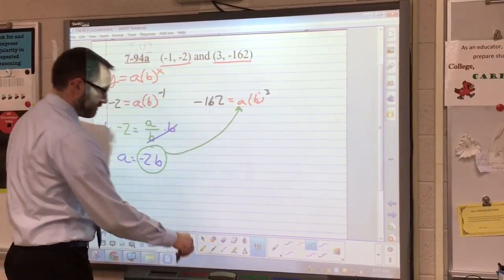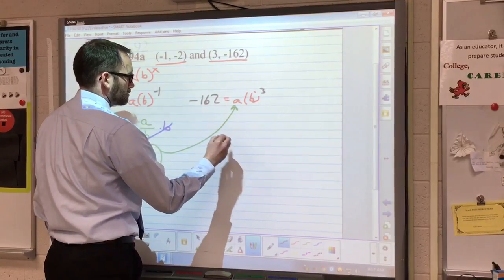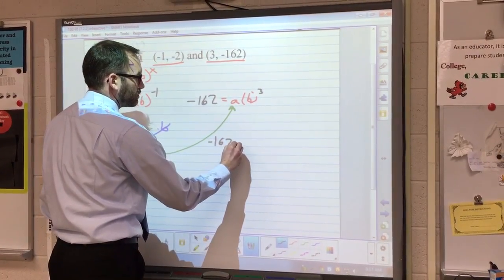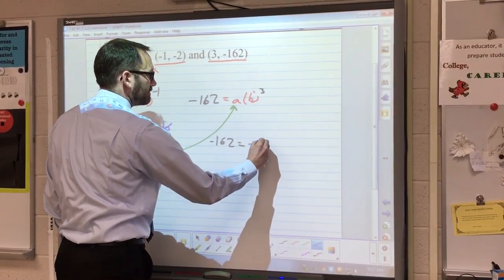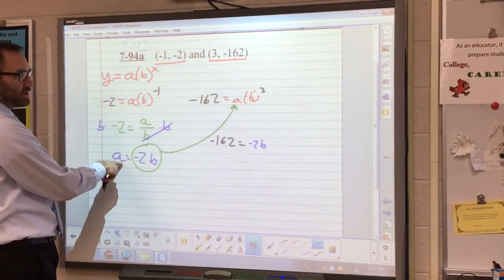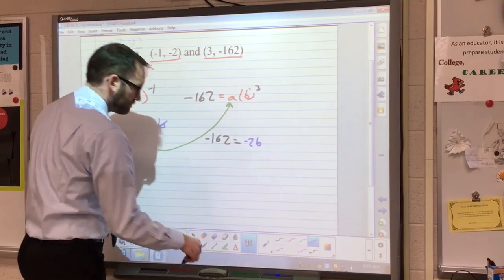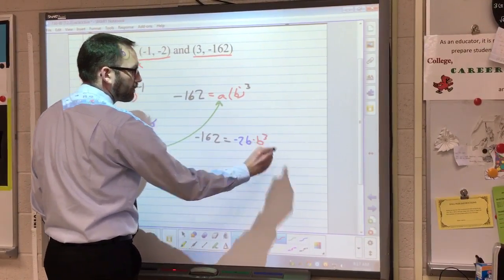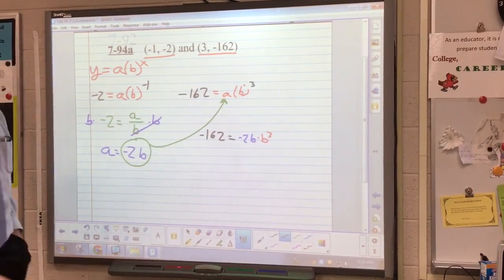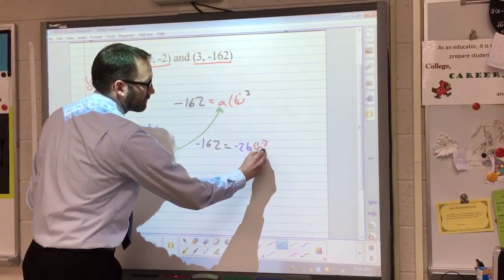So I am going to have -162 equals -2b. So that was what a was equal to, so we turn that into a -2b times b to the 3rd power. I'll put that in parentheses so it looks similar.